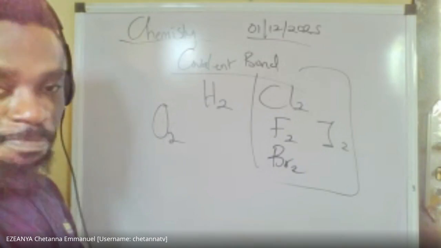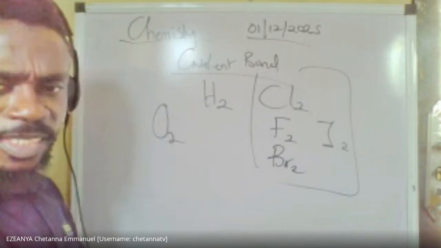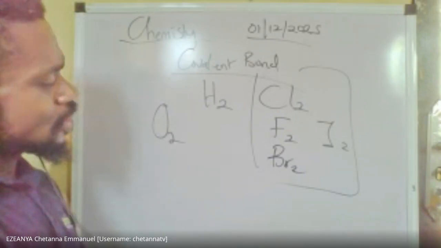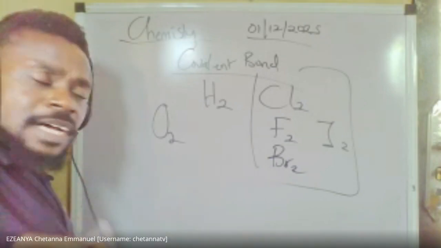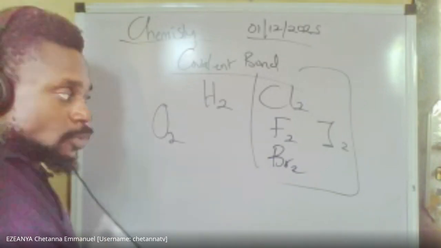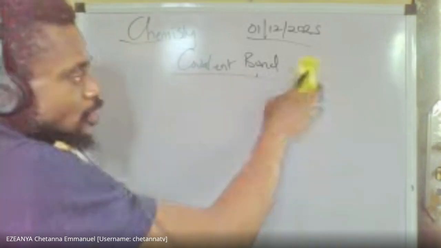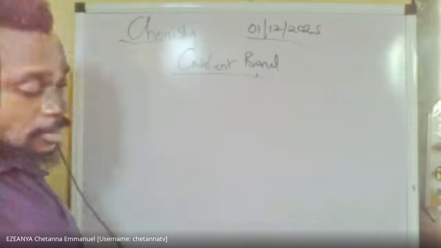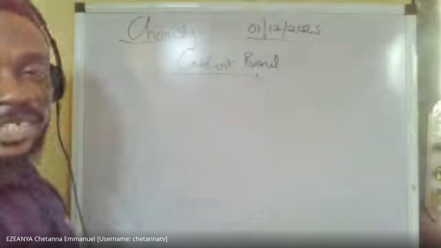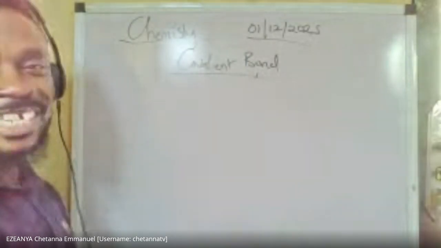Now, let us look at hydrogen, which I mentioned as the simplest. You know, Lewis structure makes it simple, so I prefer using Lewis structure.